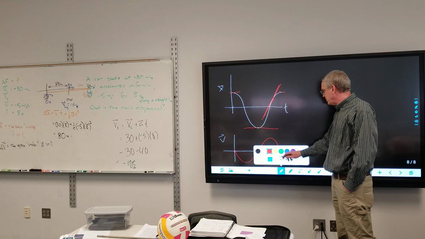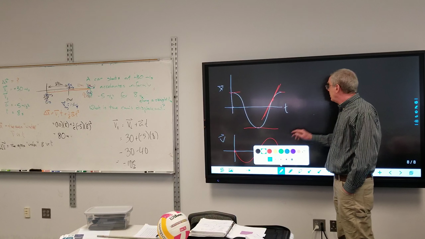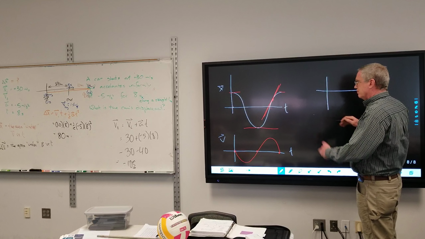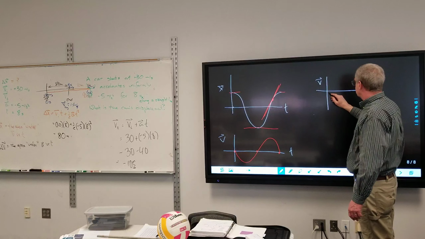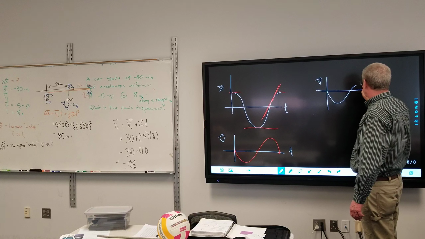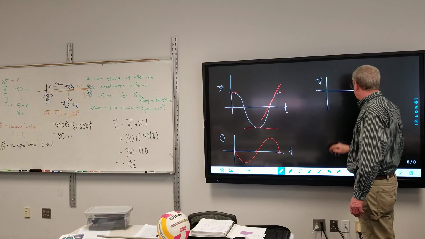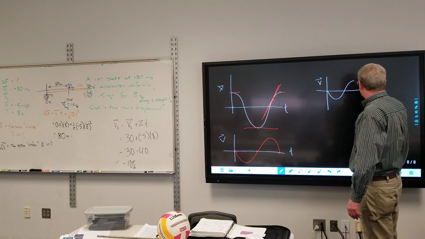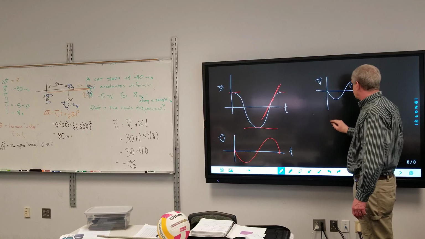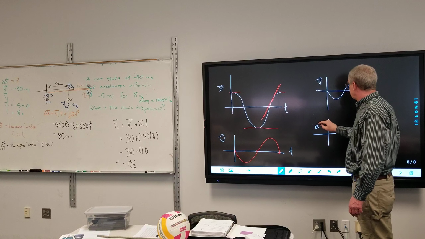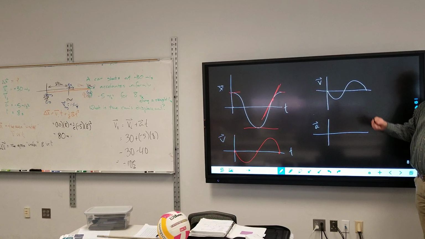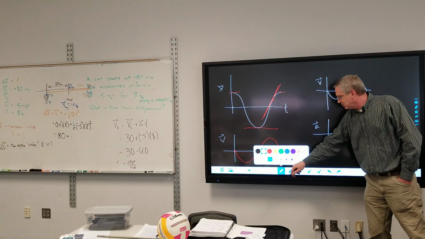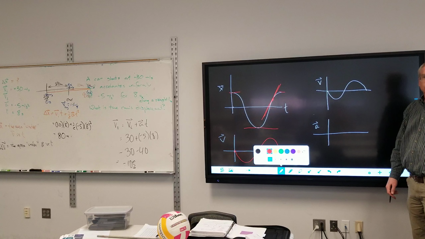Now let's do the next one. If I were to do acceleration, I would rewrite, because it'd be really nice if I had one of those sliding boards. Where is the slope of this equal to 0? Again, at the top and bottom.